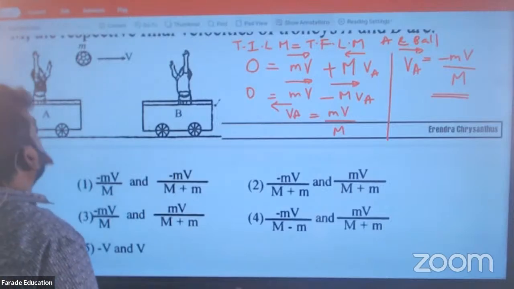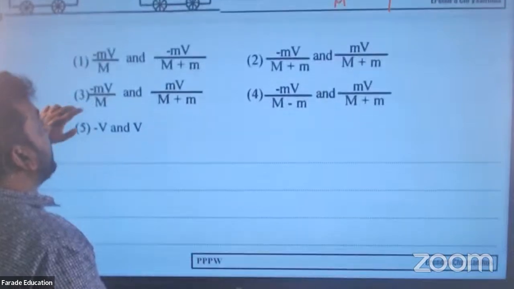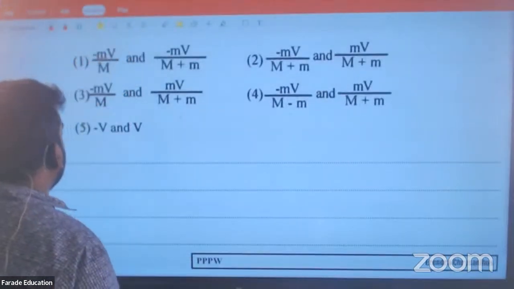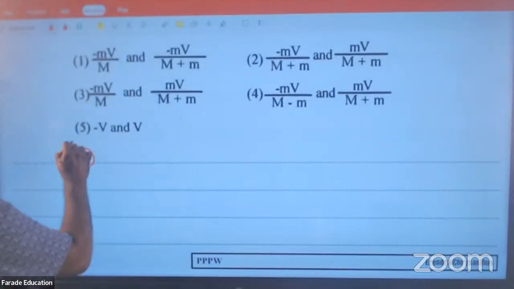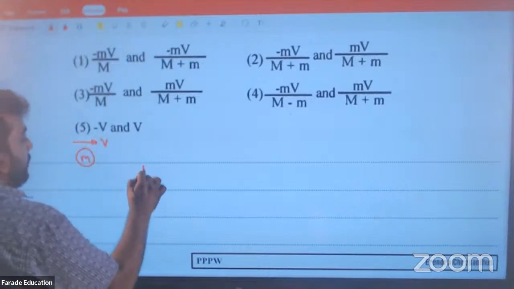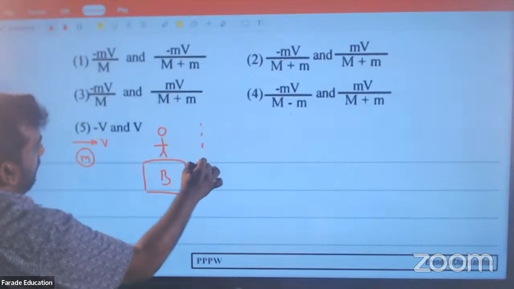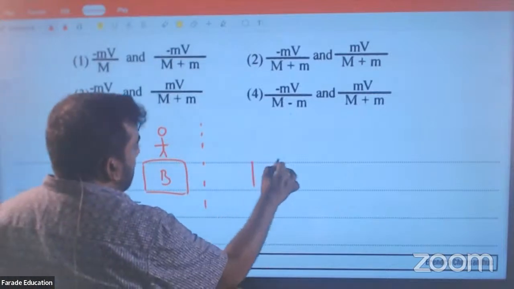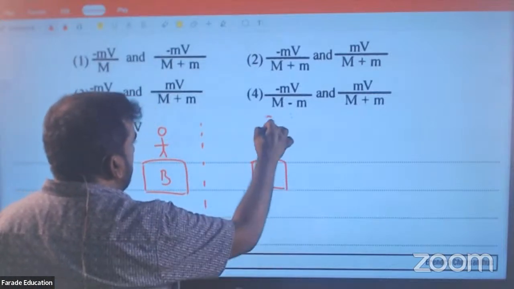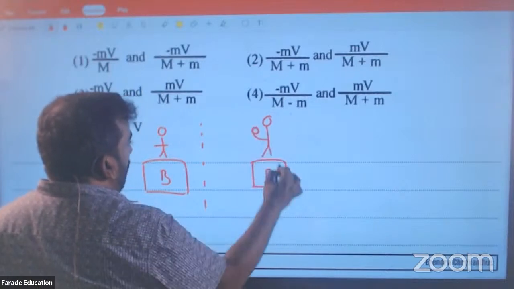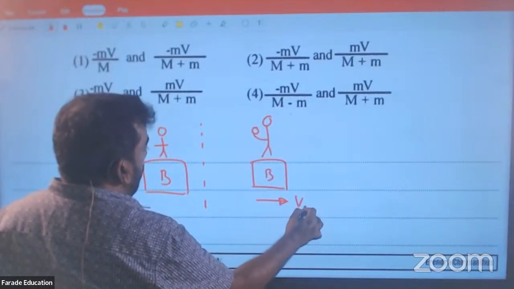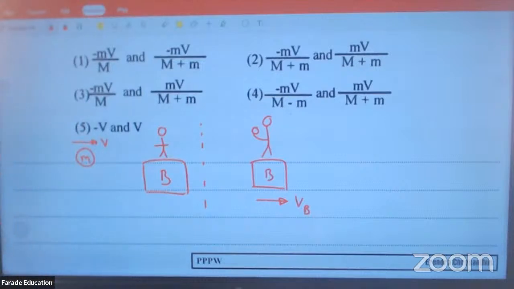Now what's happening? B is waiting to catch this. The ball is traveling in air with velocity v. When B catches the ball, both of them travel together with the same velocity.